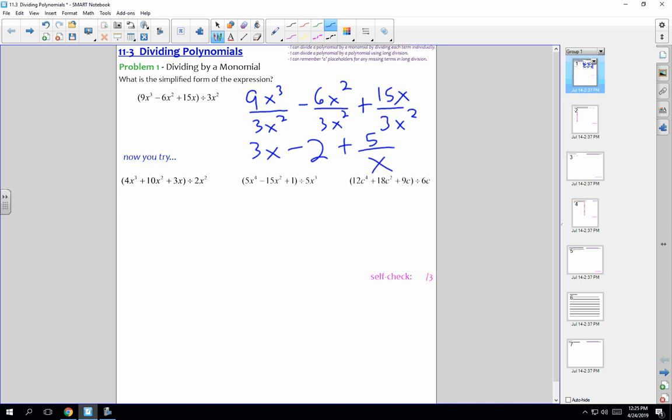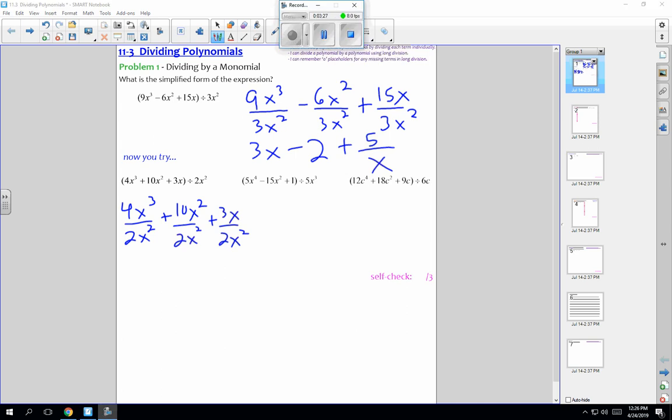But here's the setup. It's just 4x cubed over 2x squared plus 10x squared over 2x squared plus 3x over 2x squared. And I'd like you underneath it to write what's left over when you do each of those divisions. Okay, what did you get for an answer?